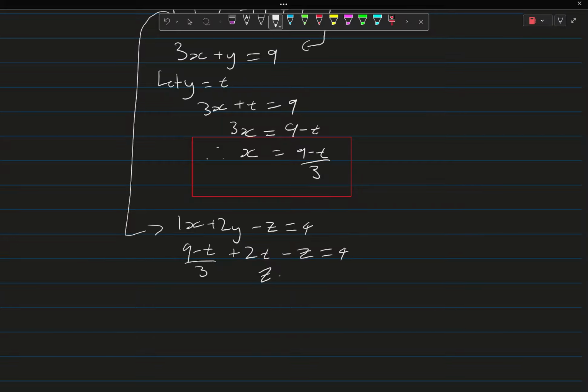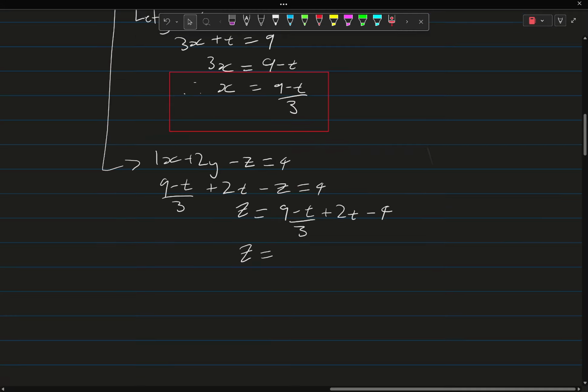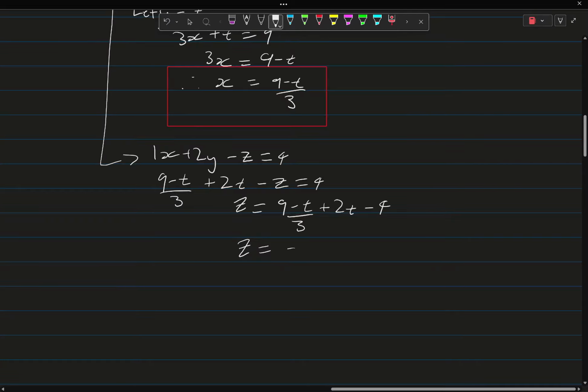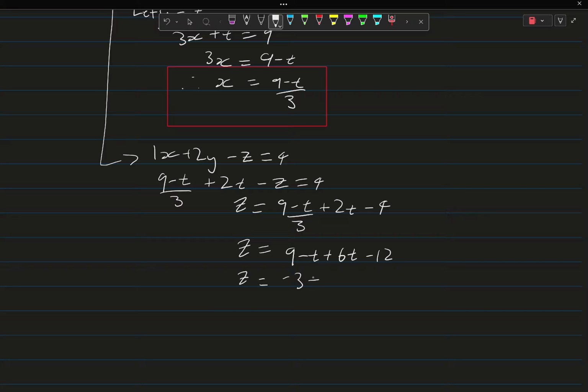So z would be equal to 9 minus t over 3 plus 2t minus 4. And we'll expand this out, which gives us 9 minus t plus 6t minus 12. So z is equal to negative 3 plus 5t.